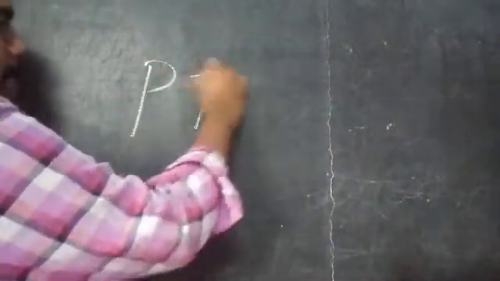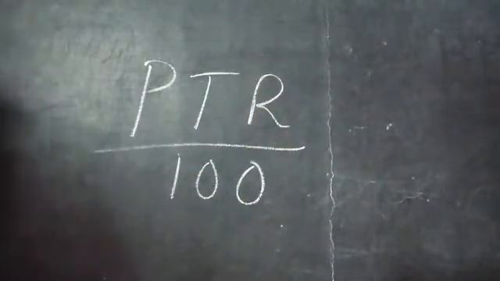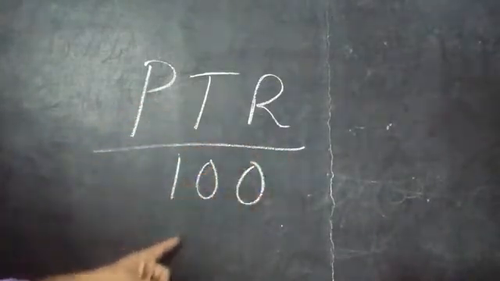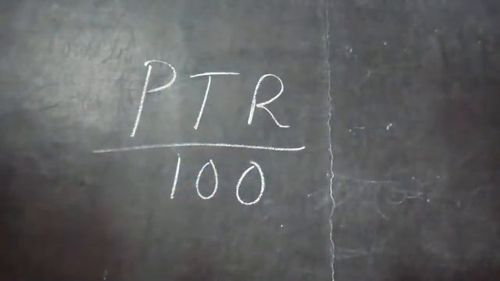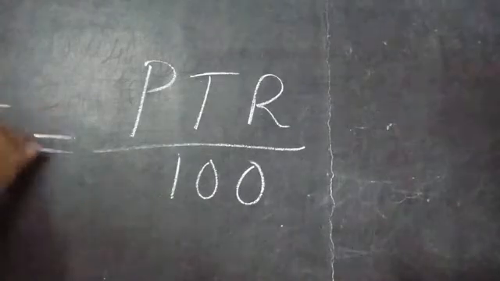Everybody knows this formula, PTR by 100. This is the formula for simple interest.